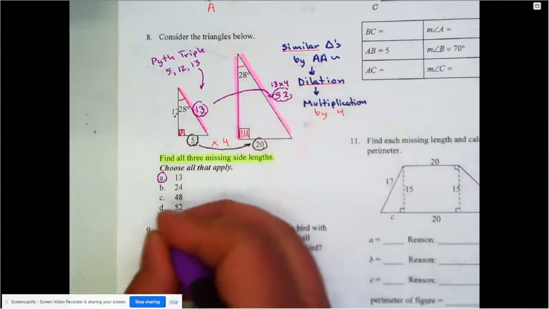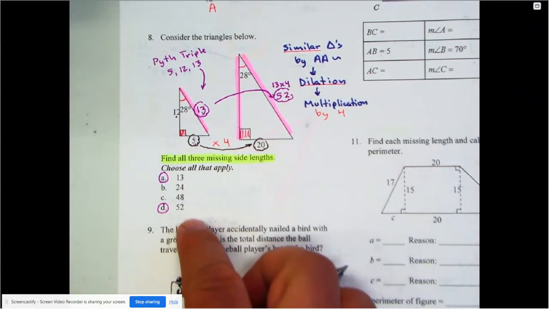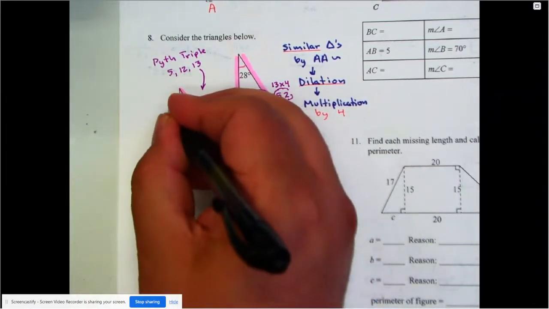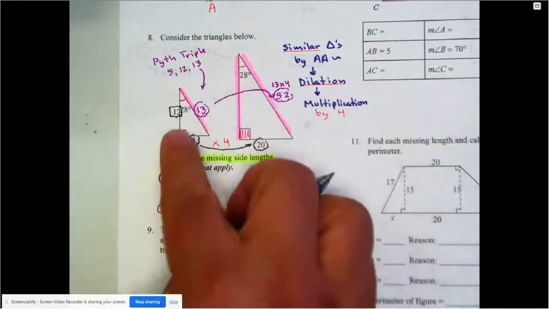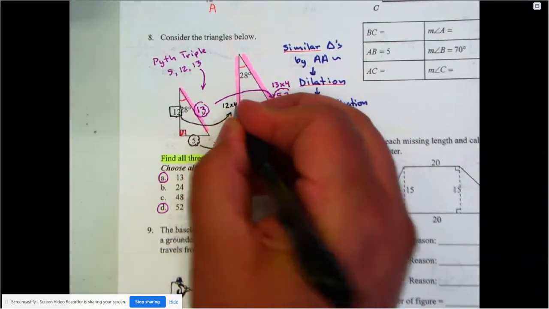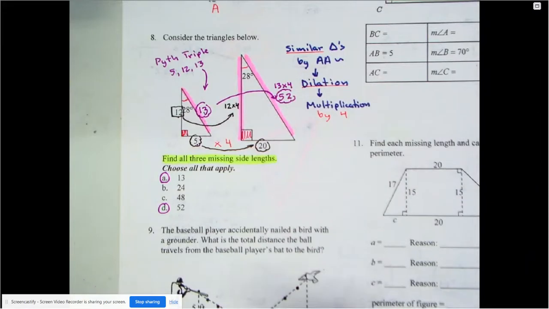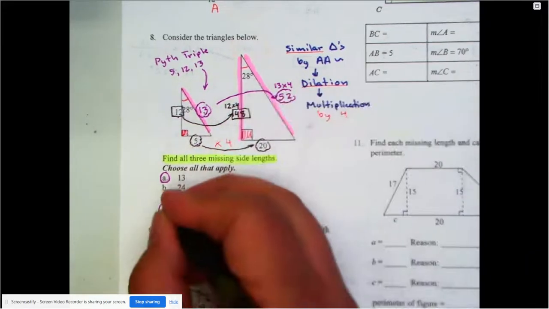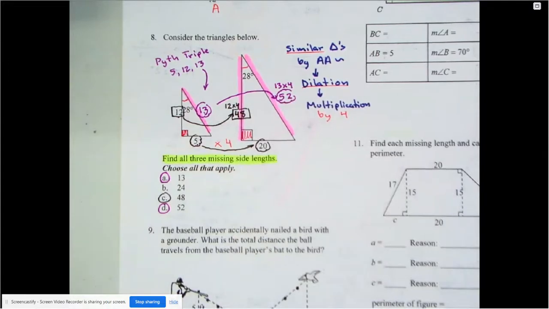Well, then 52, there it is. Look at that. That's one of my choices. But I still had one more to go, the 12. If this is a 12, well, remember, in order to get this one, I have to go 12 times 4. It's got to be the same 4 for all of them, which makes it 48. And then just like that, we have our three answers for that problem.